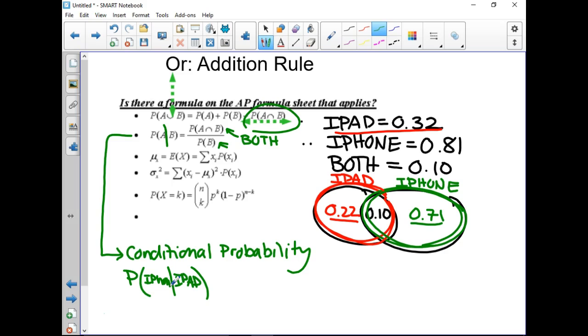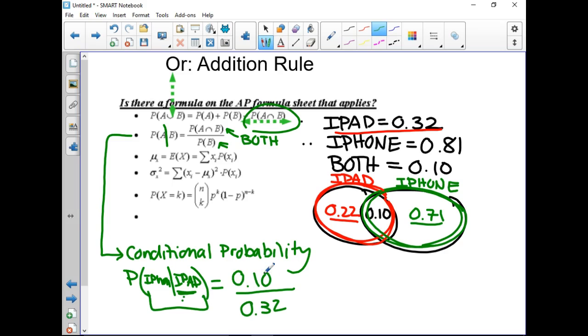How do I do that? Just think of it as, hey, this is my denominator. So that iPad goes in the denominator. The probability that someone owns an iPad is 0.32. Then the numerator is both of them together. So 0.10.